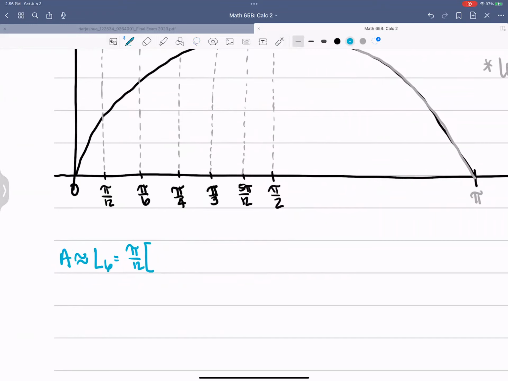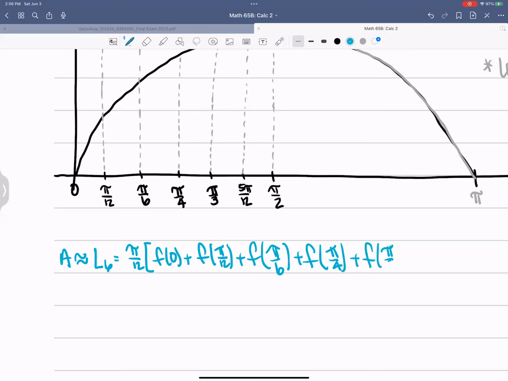All right, lower, we're using the left side. So we're using f of 0, f of pi 12, f of pi 6, f of pi 4, f of pi 3, and last one, f of 5 pi over 12.